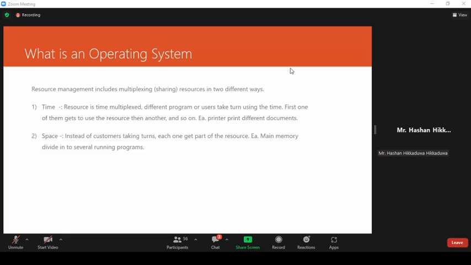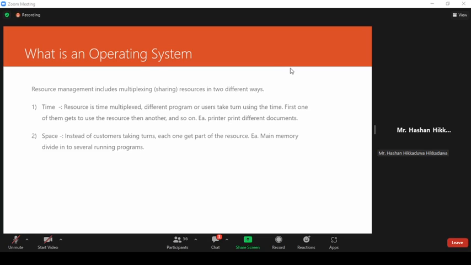We do not need to go and print one by one. We can say, print these documents. Maybe if your printer is connected to a network, 2 or more people may request to print documents, right?